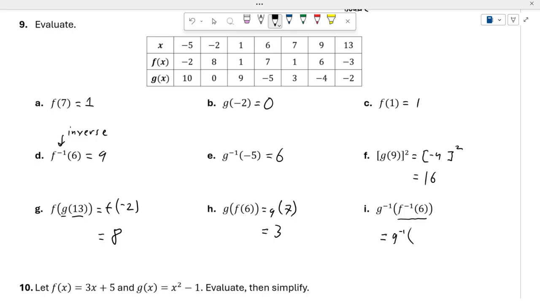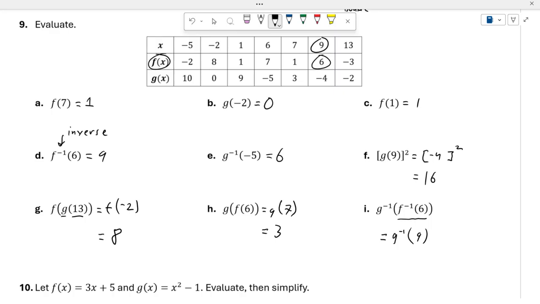So what is the input into f that results in a 6? There's some input into f that when you plug it in, you get a 6. What is that input? The answer is 9. So 9 is the input that you plug into f, and you get a 6.